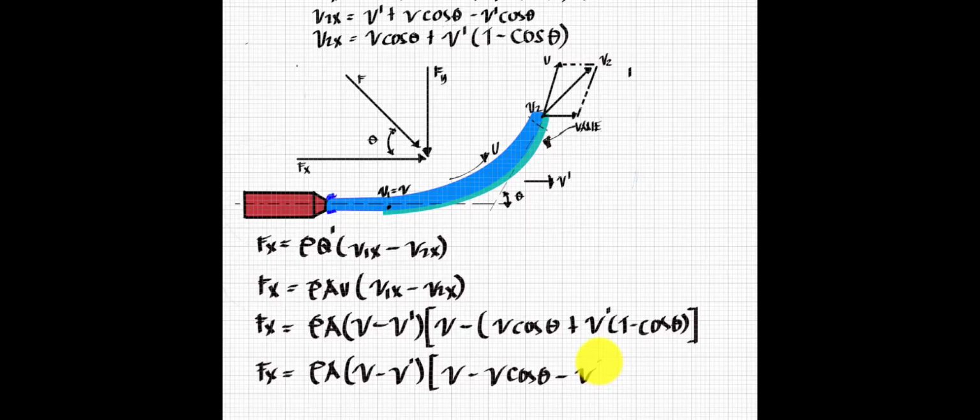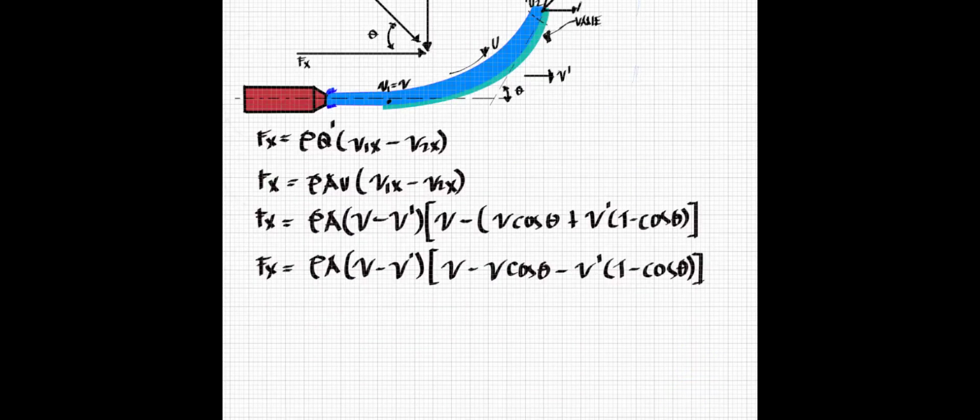Velocity of the vane prime, then multiply by 1 minus cosine of theta. Then we can factor out the same term from the other one too. So we can rewrite this equation as force on x.